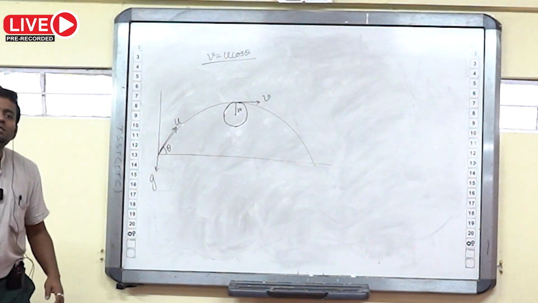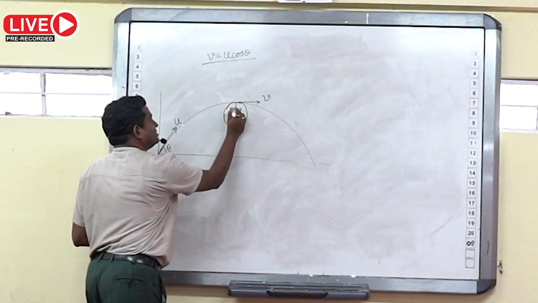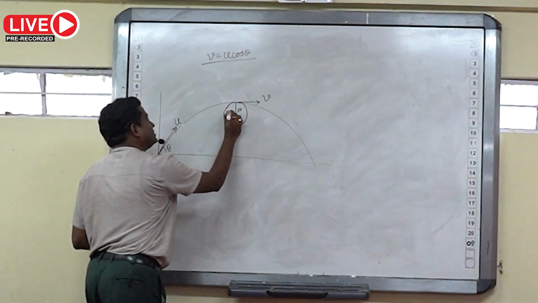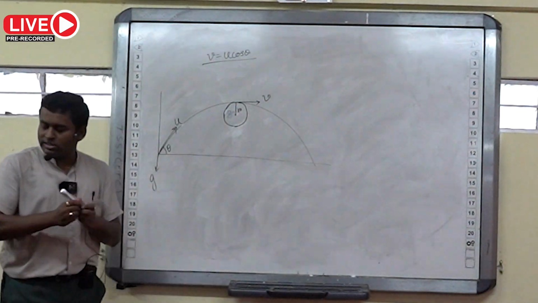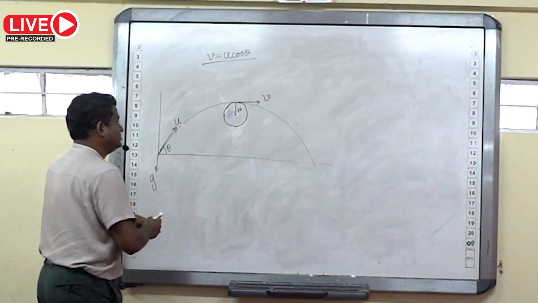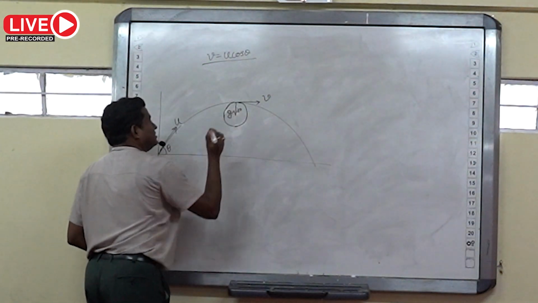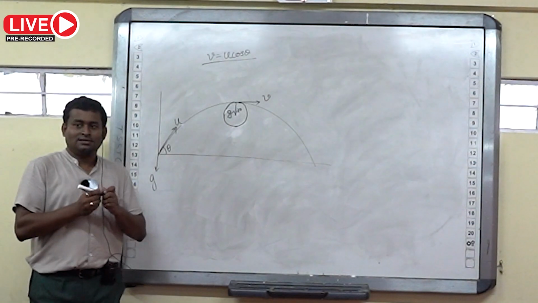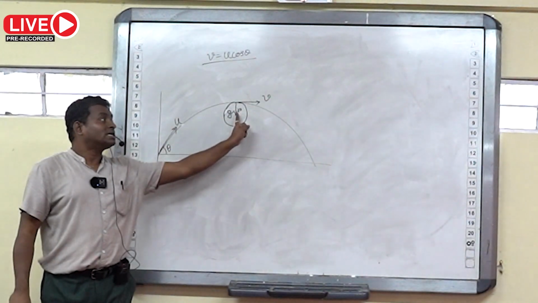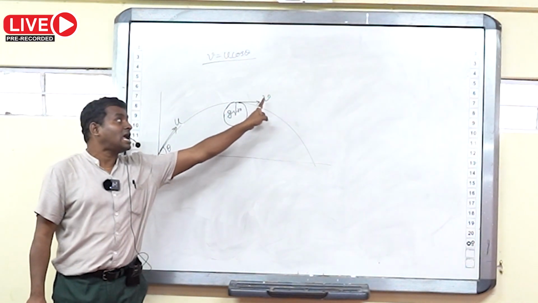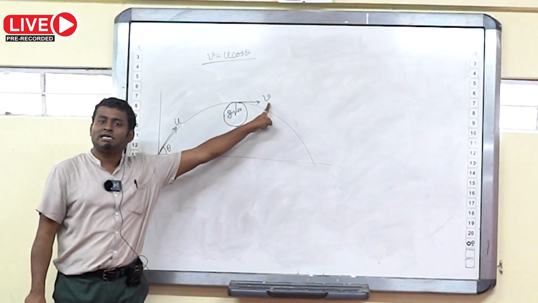So what is the direction of that g? Towards the center. So what is the angle between the acceleration vector and the velocity vector at this topmost point?